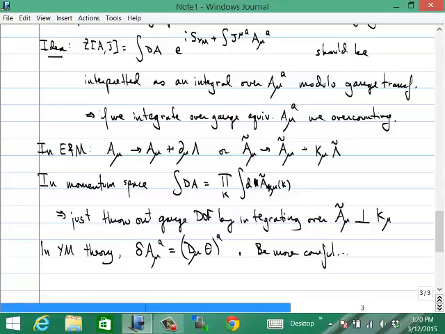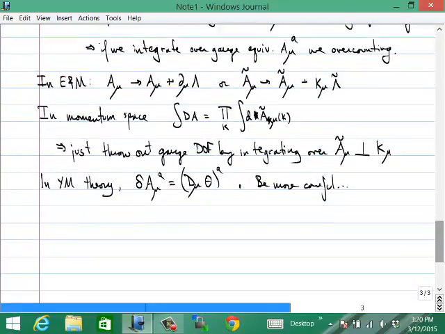Okay. Remember, the idea is that we really want to include only one gauge configuration per equivalence class under gauge transformation. So what we're going to do is introduce some function, which is going to be a functional of our gauge field A. There are D of these, labeled by an index A that runs from 1 up to D, the dimension of the gauge group.